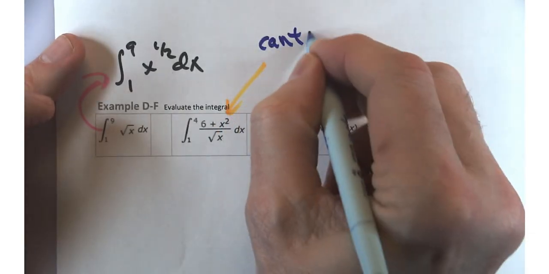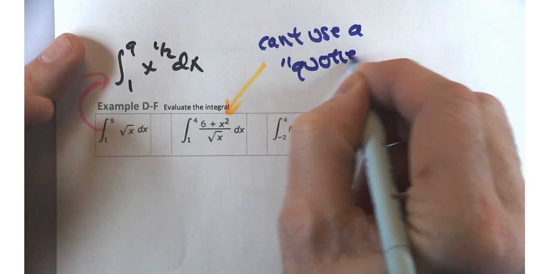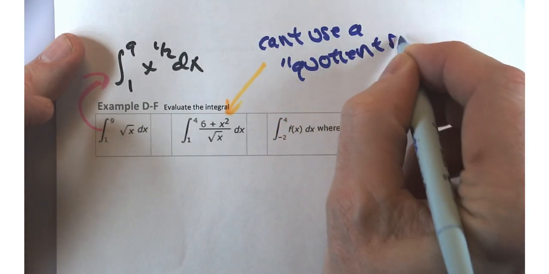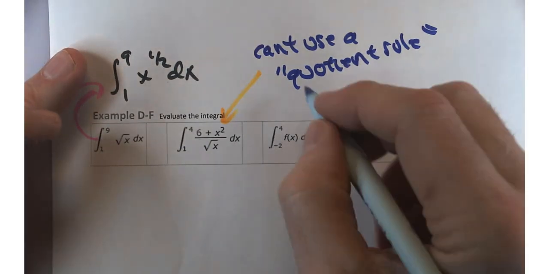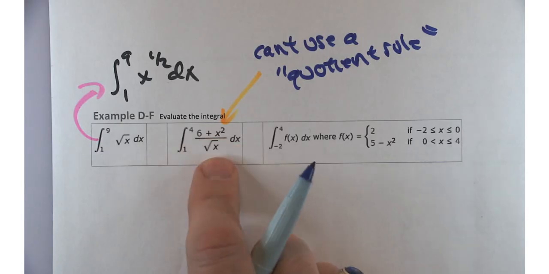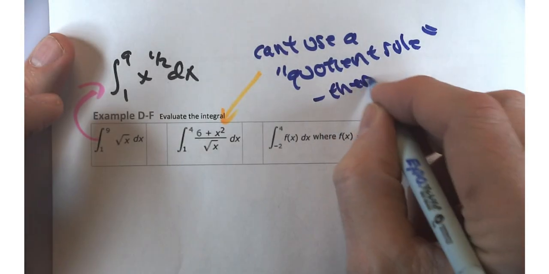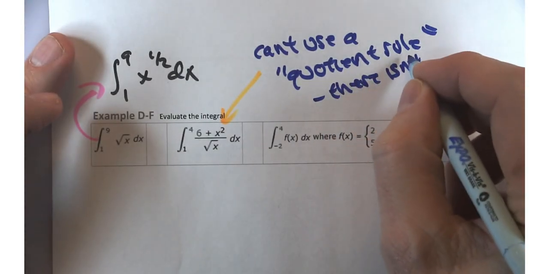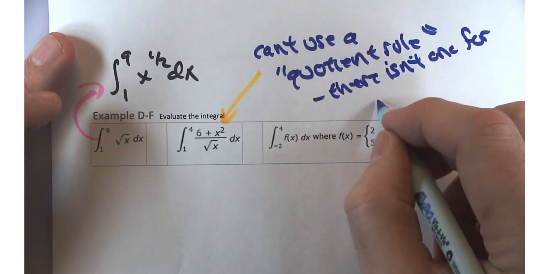A lot of times people will integrate the numerator and divide it by the integral of the denominator. It just doesn't work. There isn't one for antiderivatives.